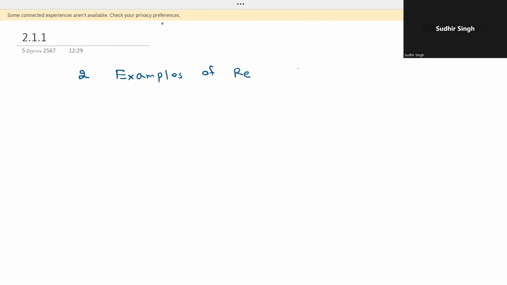So let's look at two examples, I hope. And I hope from the examples, you would see some features of what a reduction means.